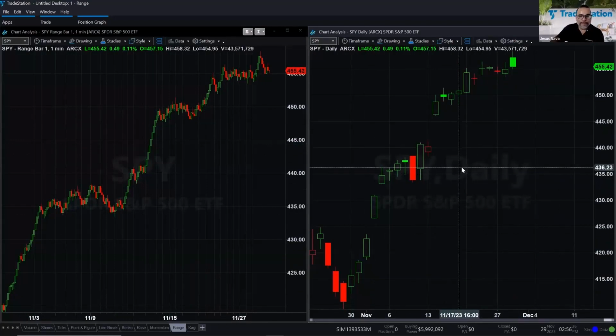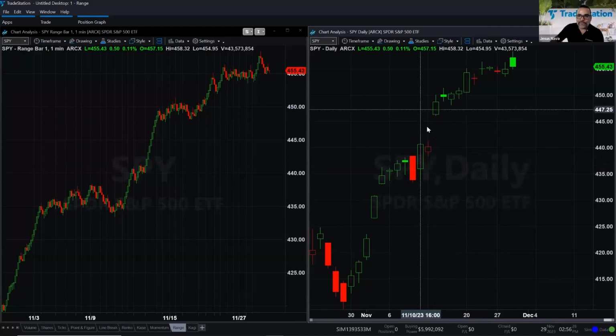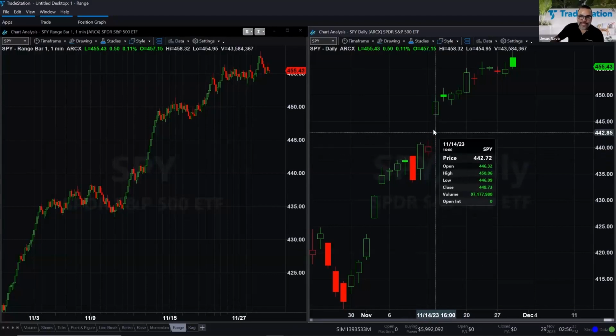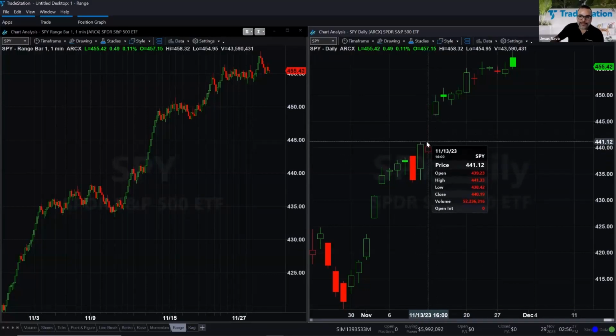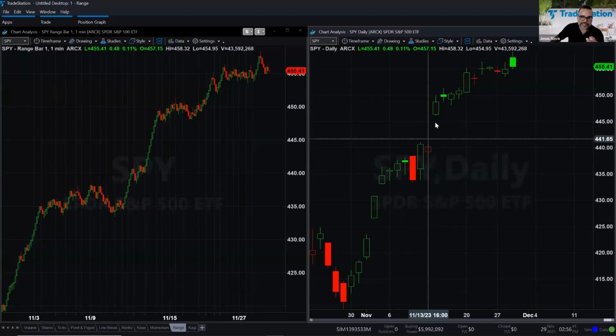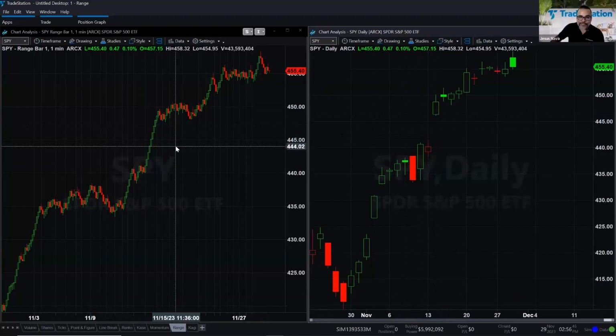One thing that I want to point out is that whenever there is a gap, notice this big gap that happened on November 13th, big gap to November 14th, it closed at 40.40, it opened at 40.46, a 6-point jump, it created that gap. You don't see the gap here on the range bar, and you won't see it on the momentum bar because range and momentum, they create synthetic bars.